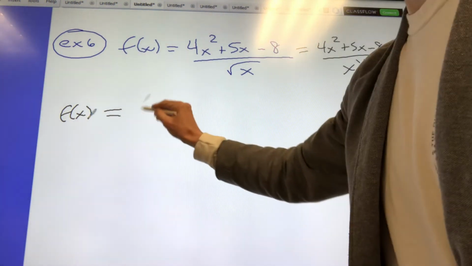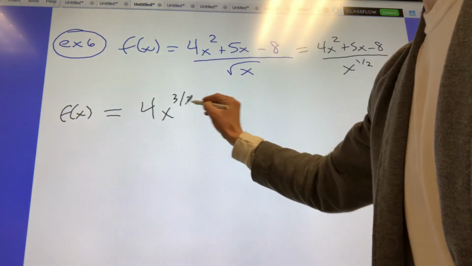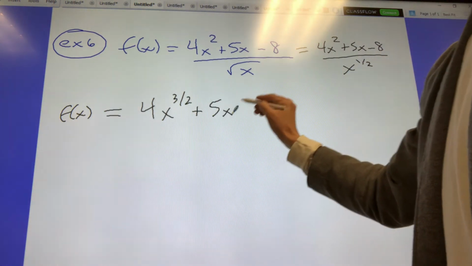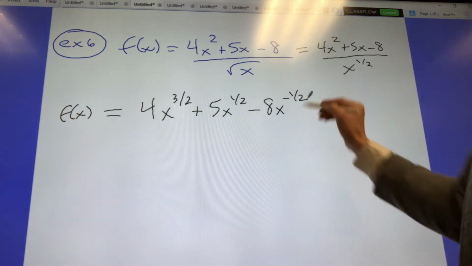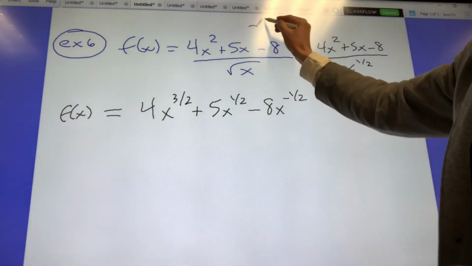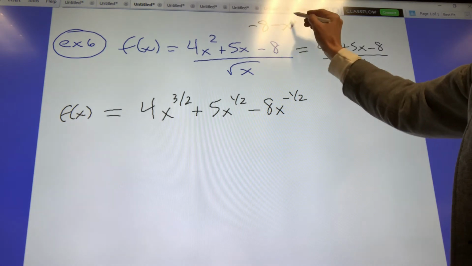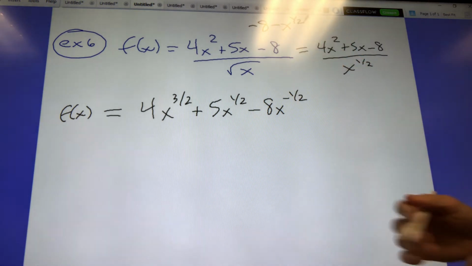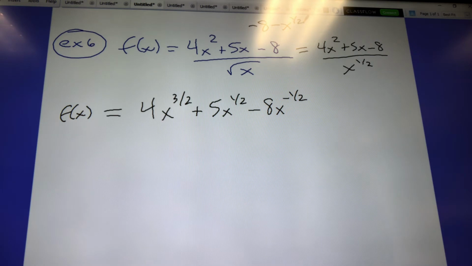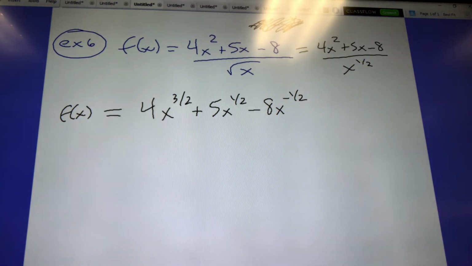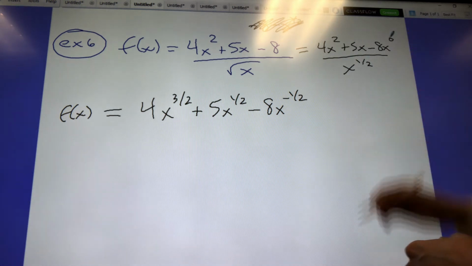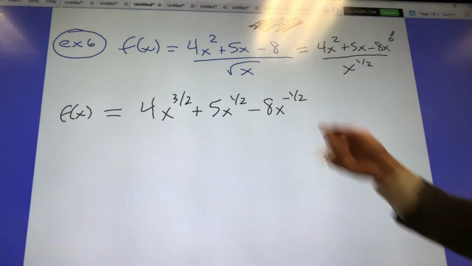So it's going to be 4x to the 3/2 plus 5x to the 1/2 minus 8x to the negative 1/2. Too often I see students write like a minus 8 minus x to the 1/2 because they're like, oh, I need to subtract 1/2 power. I'm going to leave it as negative 8 though. I see that error too much. Okay, this is really like saying x to the 0. So if you subtract 1/2 from 0, you got negative 1/2.